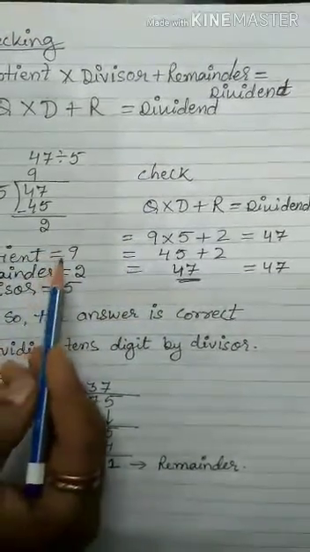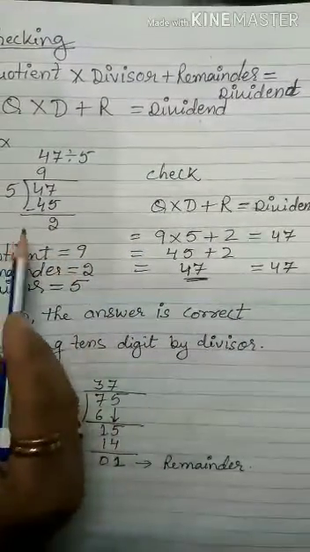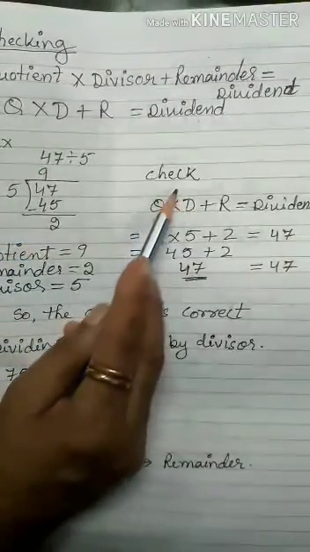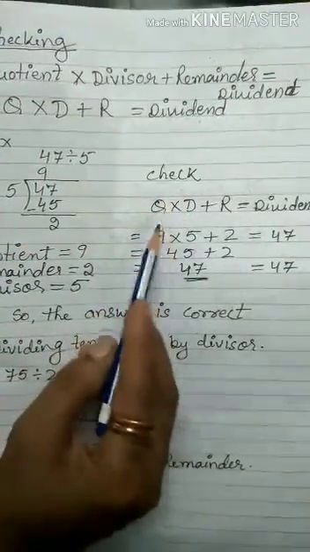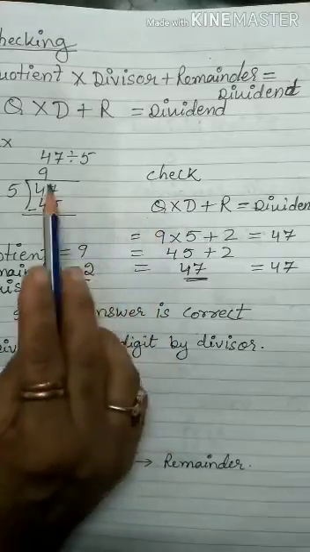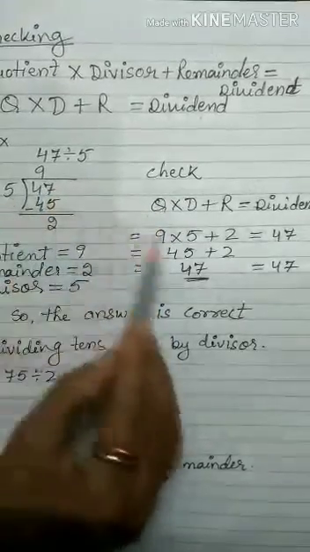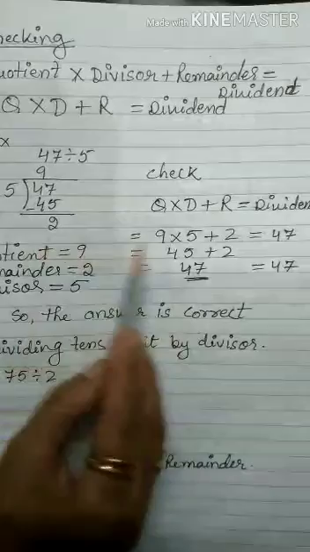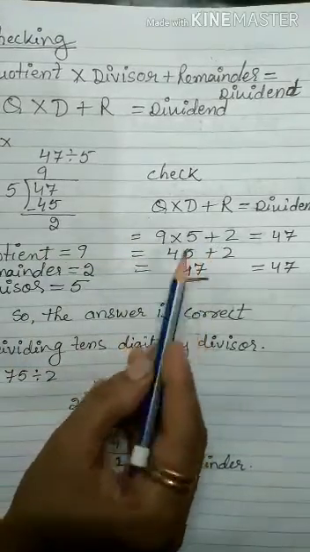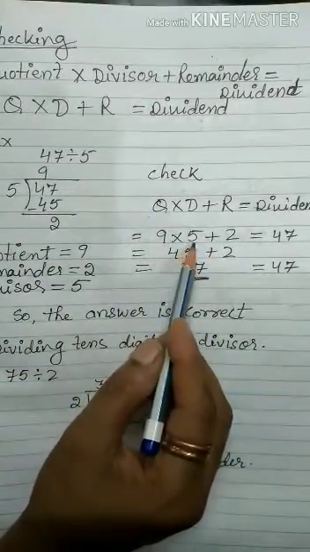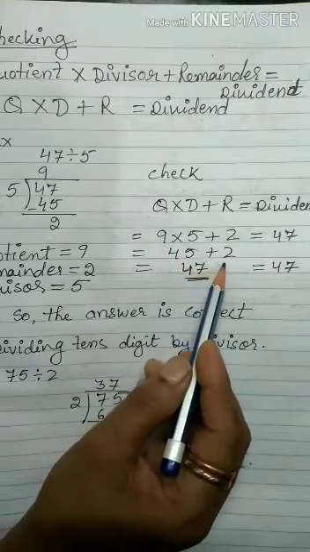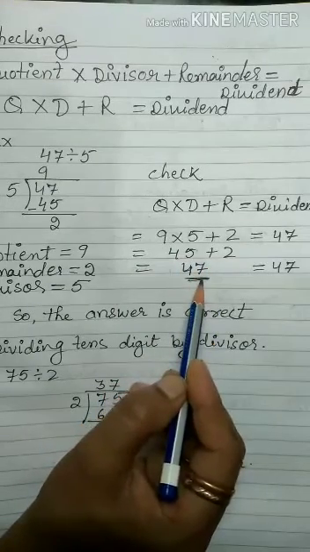Now check whether this division is correct or not. Quotient how much? 9. Divisor 5. Remainder 2. Then 9 fives are 45, plus 2 is equal to 47.